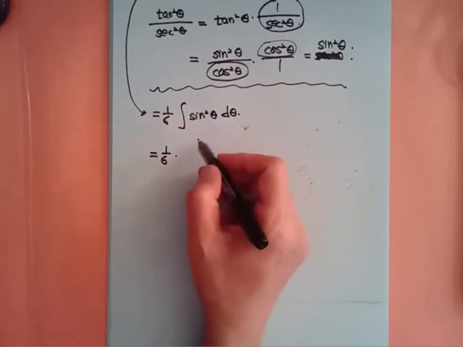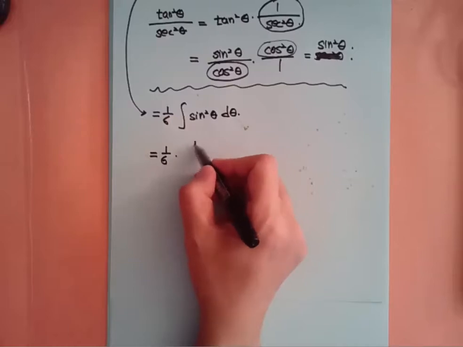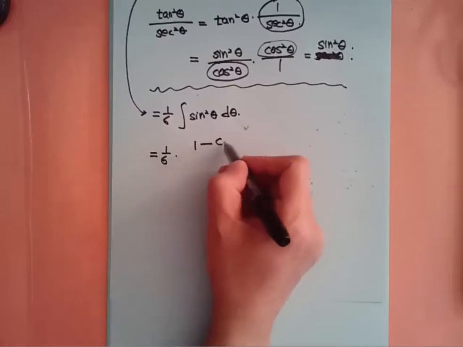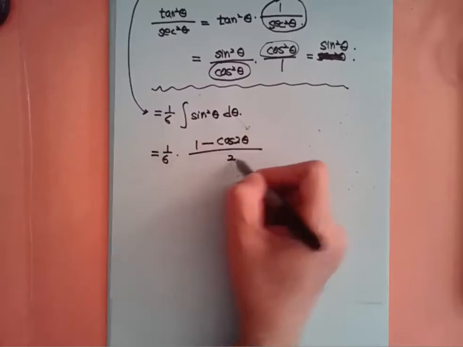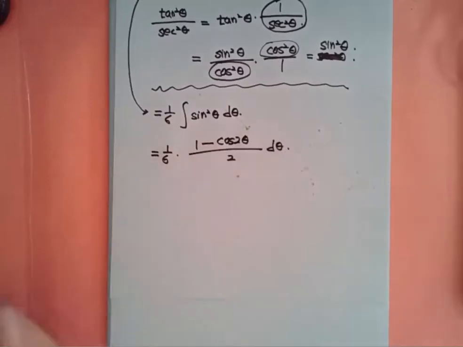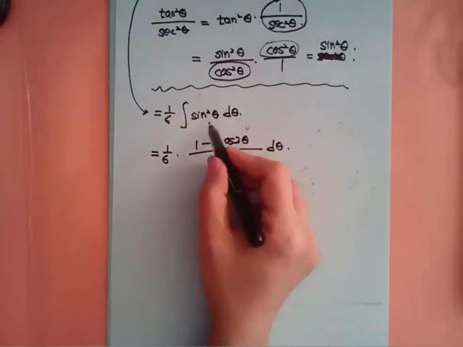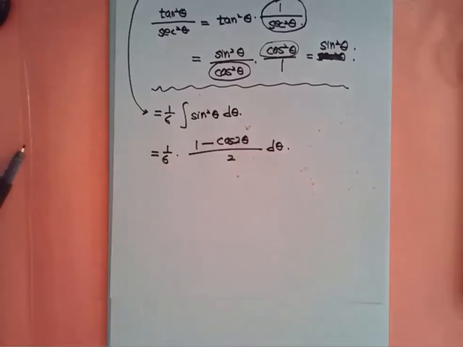We apply the half angle formula, then it becomes 1 minus cosine of 2 theta over 2 d theta, right? So from here to here is the formula which you have to remember.